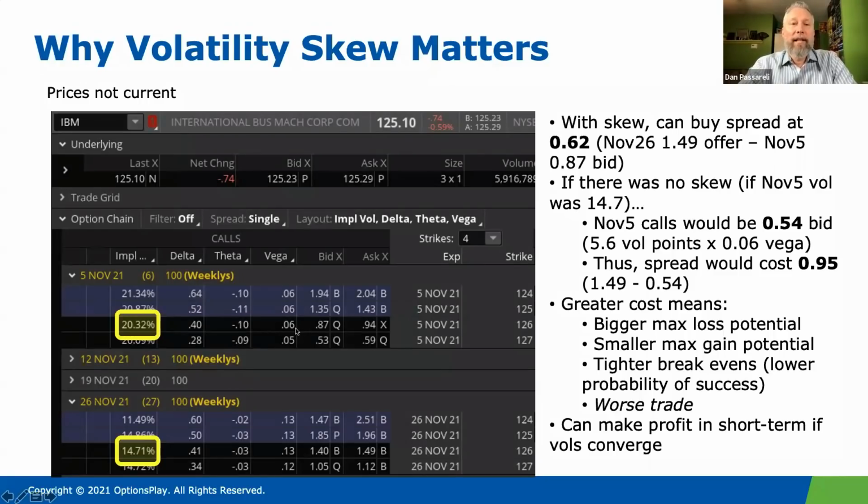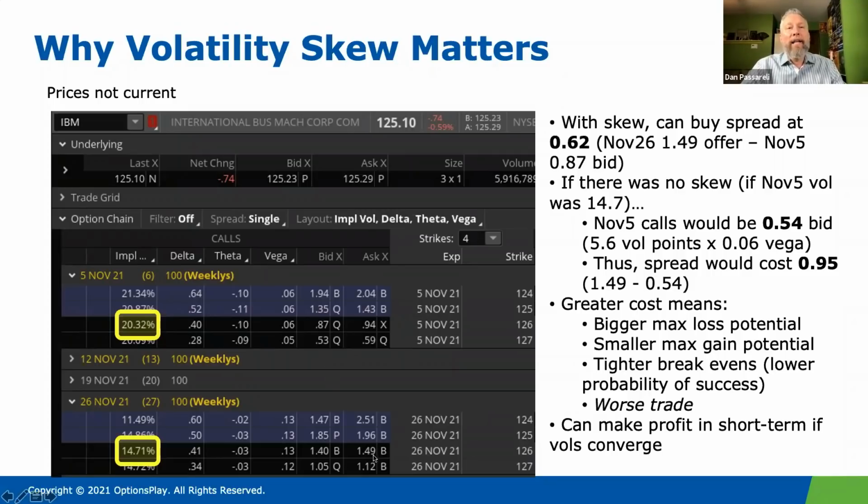So 5.6 times 6, hold on a second, 5.6 times 6 is 33 cents. So if we subtract 33 cents from 87 cents, that's 54 cents. That's the price we would be selling these at as part of the spread, 54 cents.